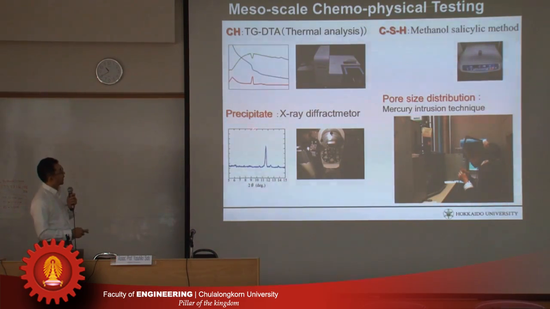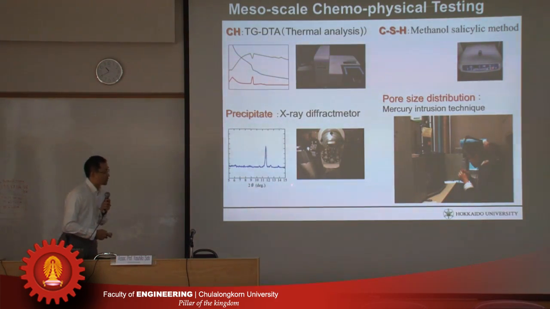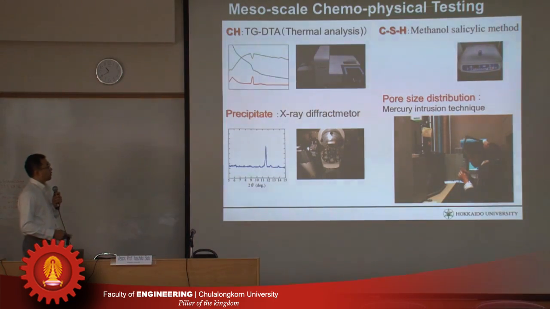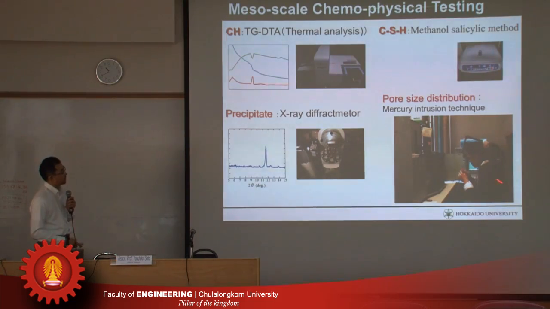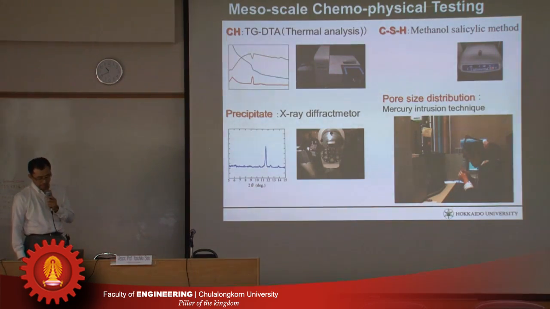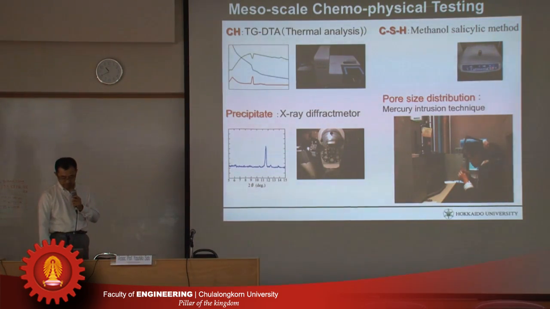That's why we have to check what kind of precipitate would be developed or not, using the X-ray diffractometer. And at the end of this testing, we are doing the pore size distribution, using the mercury intrusion technique. These are what we are doing as mesoscale chemo-physical testing.